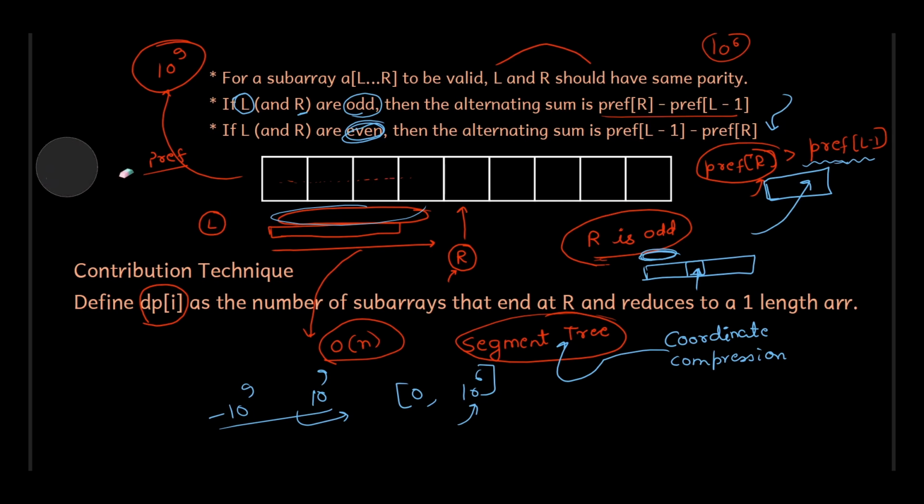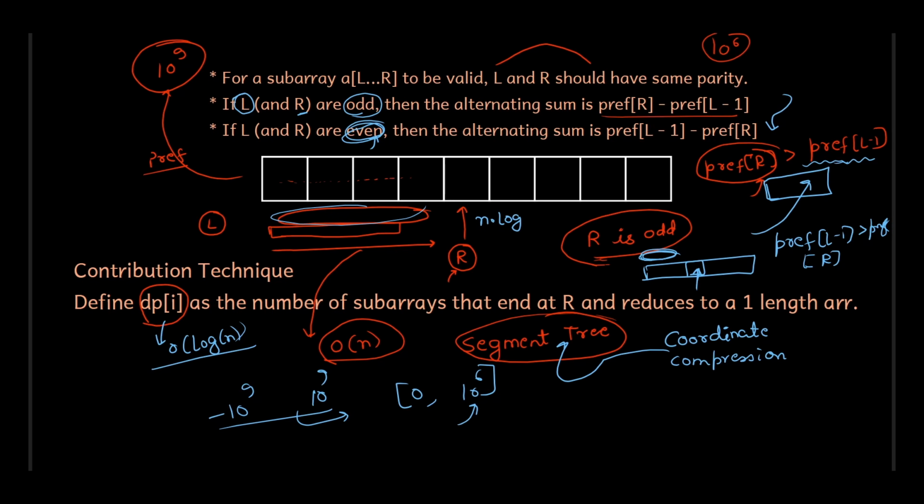Then when you are investigating the even ones, you have to look at all the elements on the left hand side such that prefix of l minus 1 is strictly greater than prefix of r. In this manner, you can populate the DP value in O of log n via segment tree and coordinate compression, and then you can get all the DP values in total n log n because there are n DP values. And then what will be the answer?